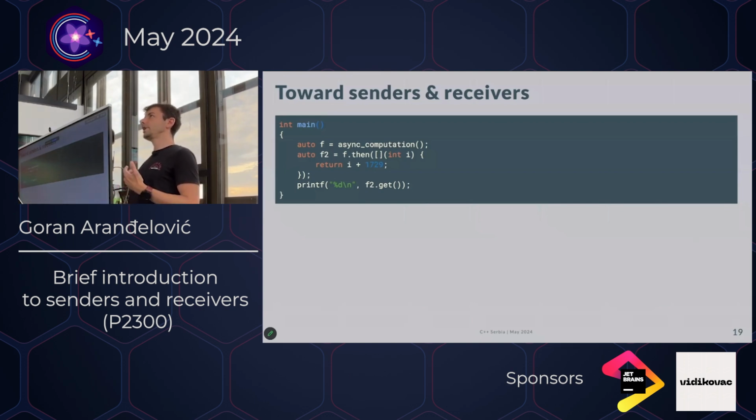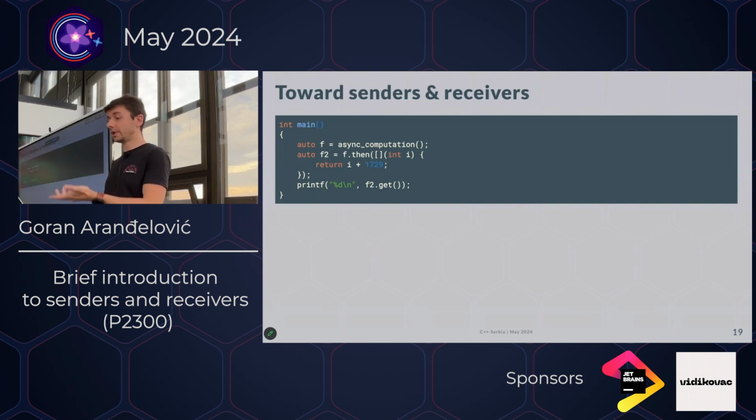So if we know that at compile time, then why do we need this runtime mechanism? And std future only employs a runtime mechanism for attaching continuations. And it's a very fat object, and that is why std future is ill-advised these days because it has heavy memory consumption, and it allocates a lot of memory on the heap.